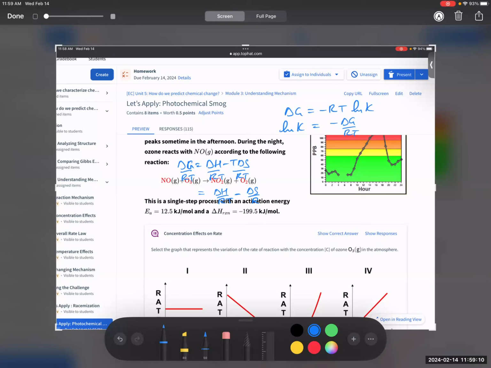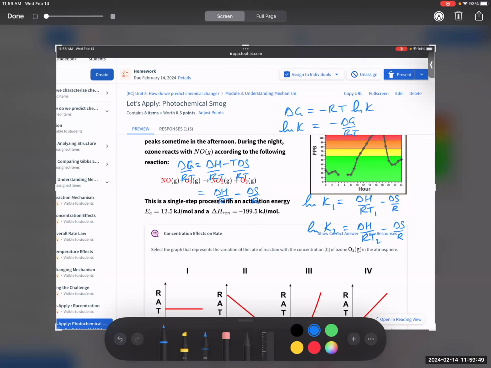Right? So ln K1, let's say at temperature 1, is minus delta H over RT1 plus delta S over R, and then ln K2 is minus delta H over RT2 plus delta S over R. Don't forget, we need to multiply everything by the negative sign here.